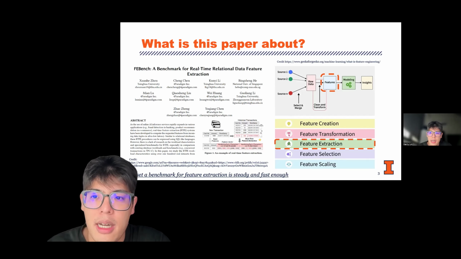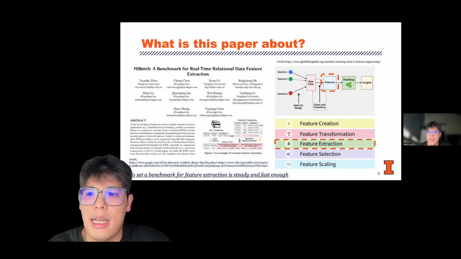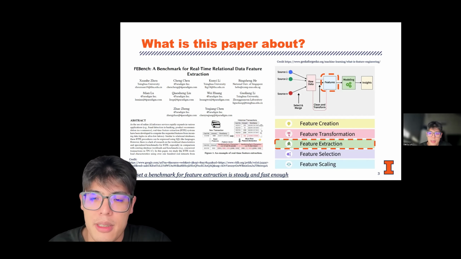So the authors did not just use synthetic or simulated databases. Instead, they used real-world data that is highly plausible for solving real-world problems. They evaluate RTFE characteristics, which is the workload of generating new features, using over 100 real data sets sourced from industrial partners, such as Kaggle and the UCI machine learning repository.